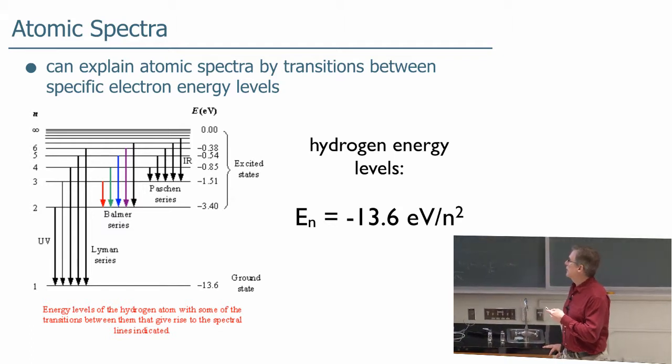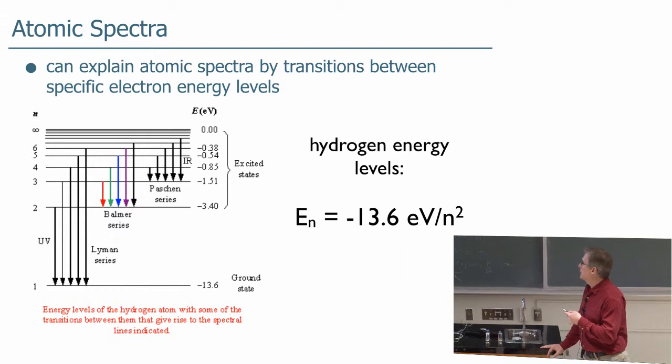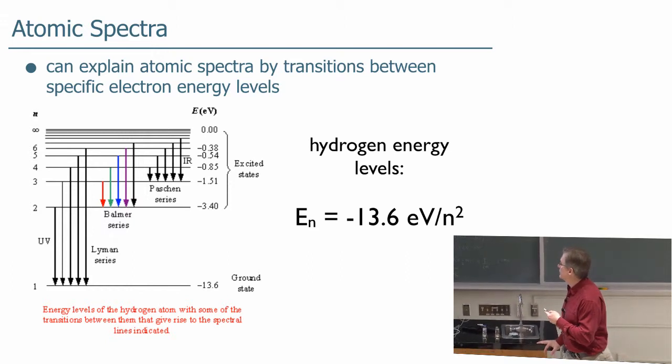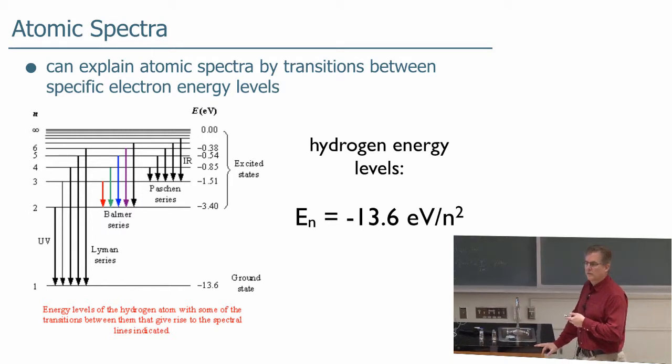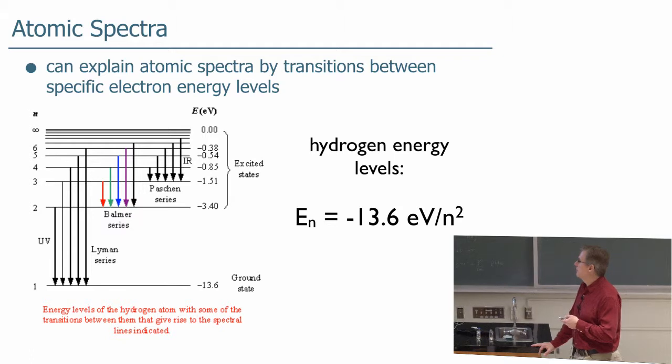These electron energy levels correspond to this formula here, minus 13.6 eV divided by n squared. 13.6 eV is usually called the Rydberg constant in honor of Rydberg, who first came up with this magic formula for describing the wavelengths of the emission lines from hydrogen.